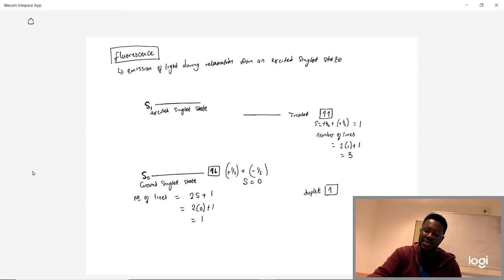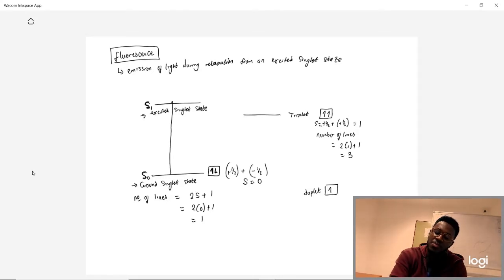So we have the ground state, that's the S0, and we have the excited state, S1. To go from ground state to excited state, what is it called? Absorption, or excitation.